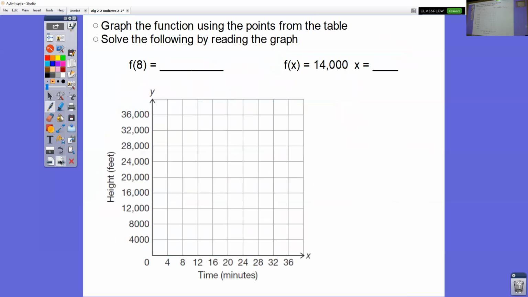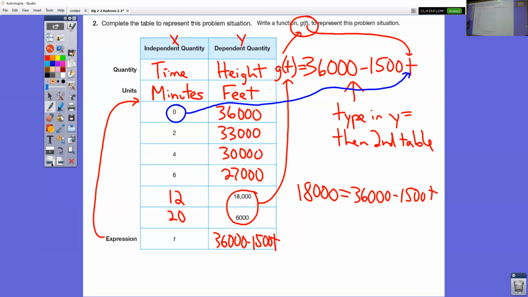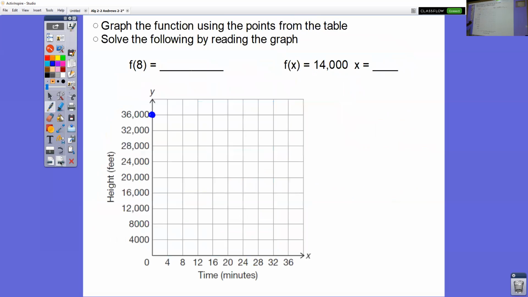So now graphing it and answering some questions from it. They want you to graph the function using the points from the table. So it said that 0 was 36,000, so I'm going to put a dot right there. We had 2 being 33,000, so 2 and 33,000. You just have to estimate a little bit.